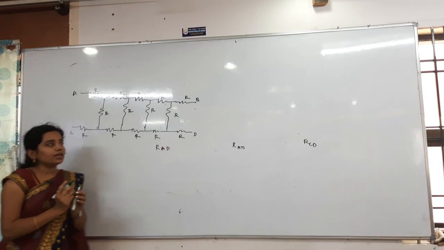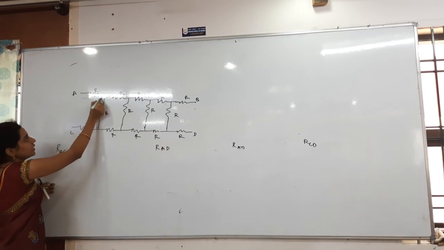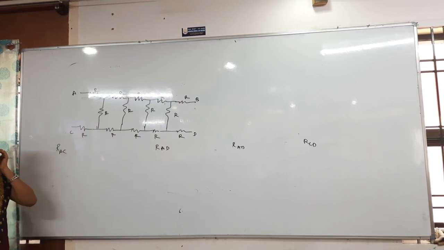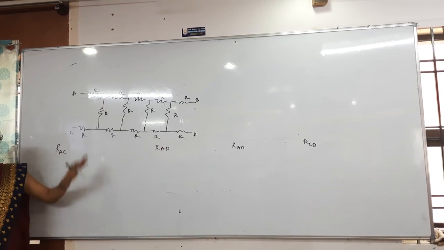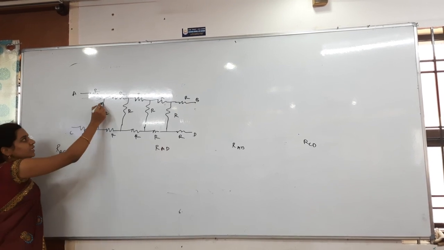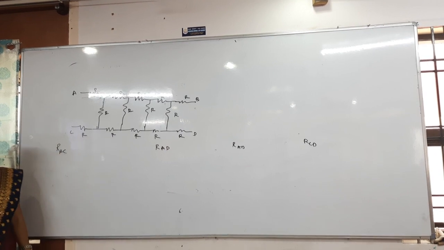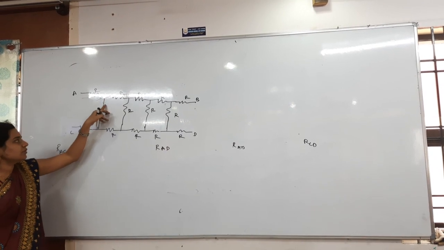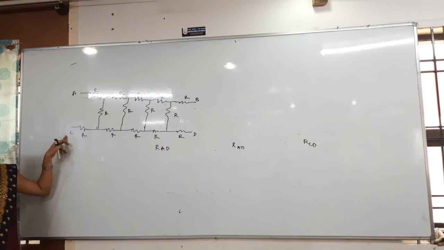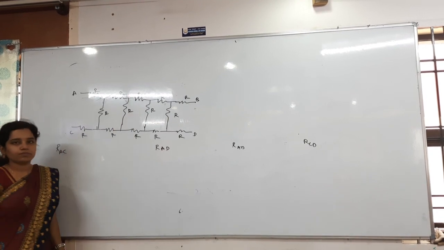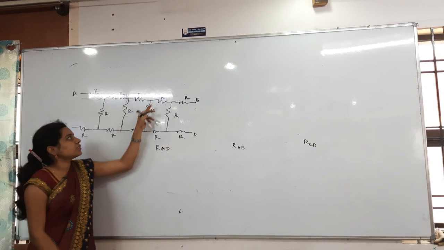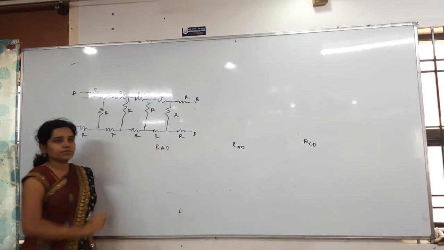So from A the current is going, and from C we are collecting the current. From A it splits in these two directions. Then this one will come here and obviously be collected there, and this current goes and splits here again, and this current goes and splits here again.